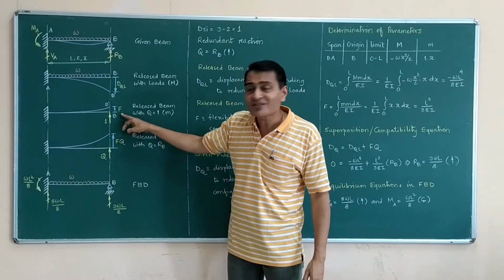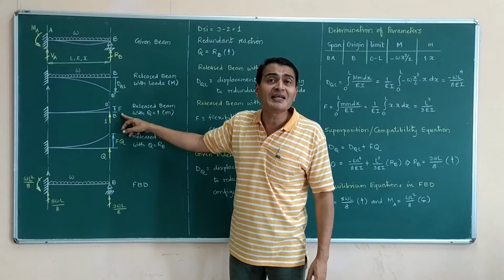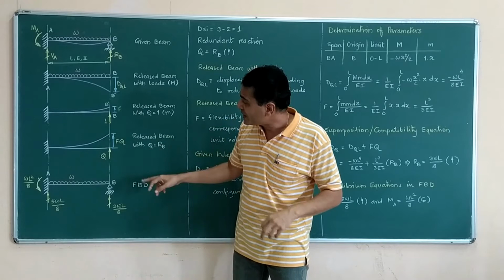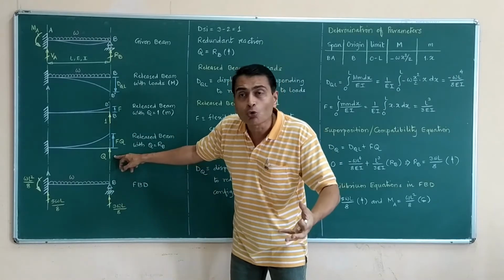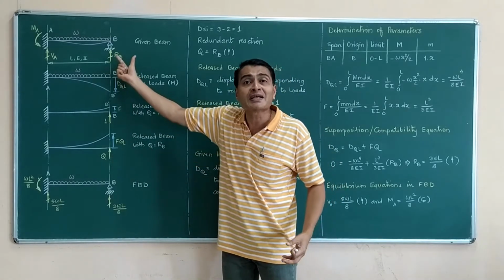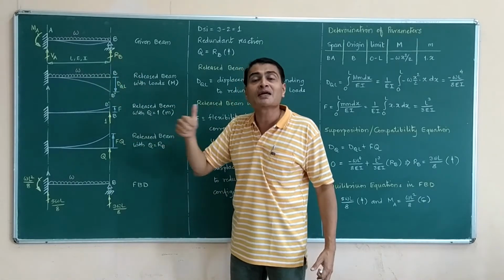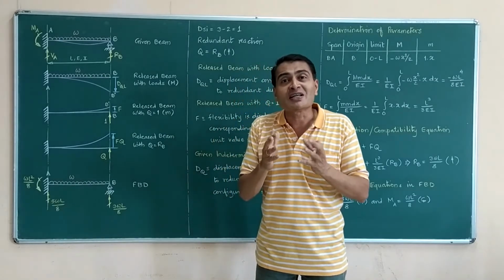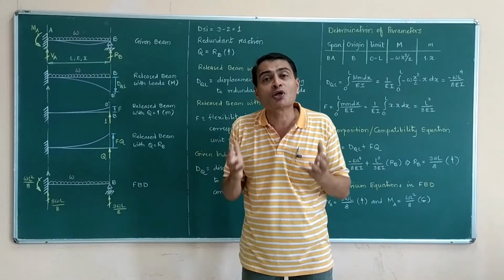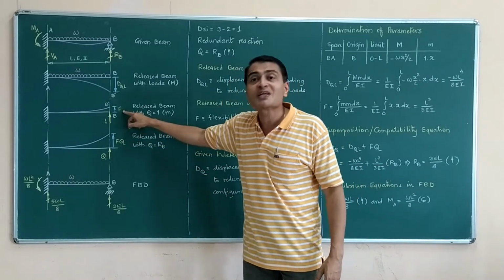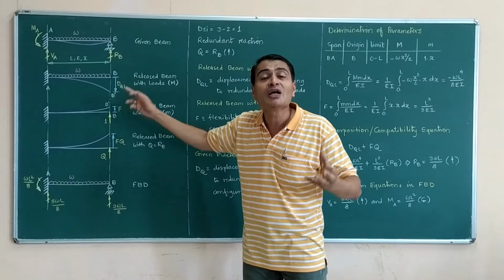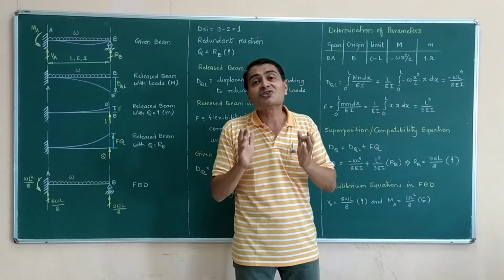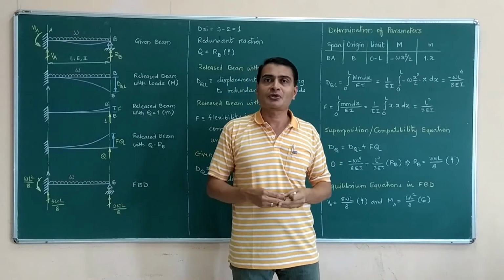And then what is this? That also I am sure you must have readily guessed, that we are going through an elegant approach where instead of directly applying Q, that is instead of directly applying entire RB, I am first applying a unit load. What is the significance? Whatever displacement I am going to get corresponding to a unit load, that displacement we call flexibility. We define flexibility, we calculate flexibility, that is our elegant approach.